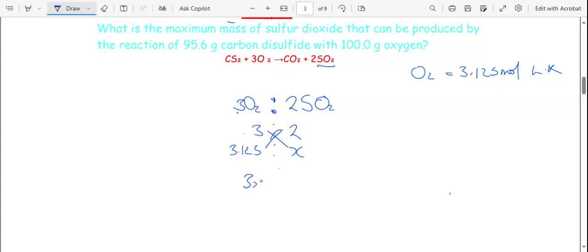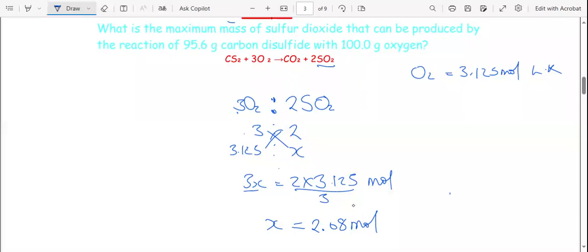So 3x is equal to 2 times 3.125 moles. So you divide throughout by 3. So x will be equal to 2.08 moles. You punch that on your calculator.